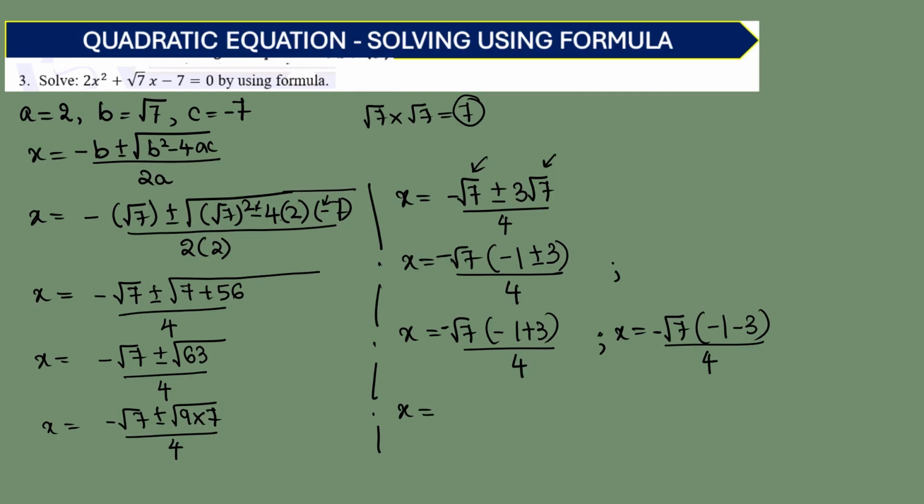So what is the value of x? Minus root 7 will remain as it is, into 2 upon 4, or x is equal to minus root 7 is outside anyway, minus 4 upon 4.